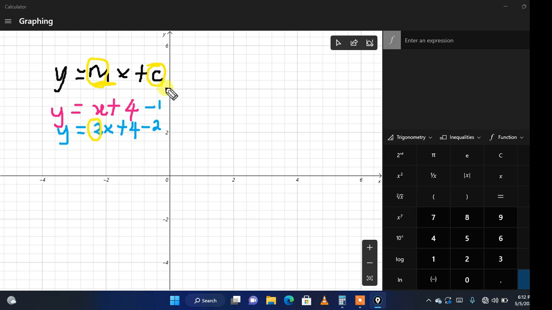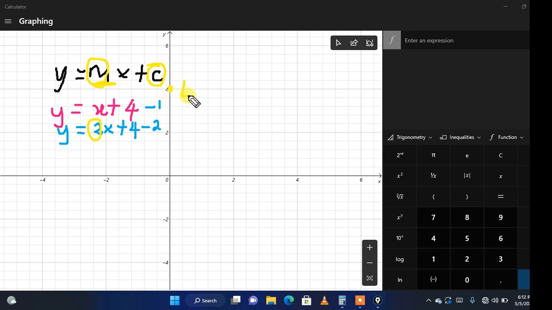So let's look at the first instance, equation 1, y equal to x plus 4. Assuming we are drawing this curve, we are going to have a point at this end, which is 4.